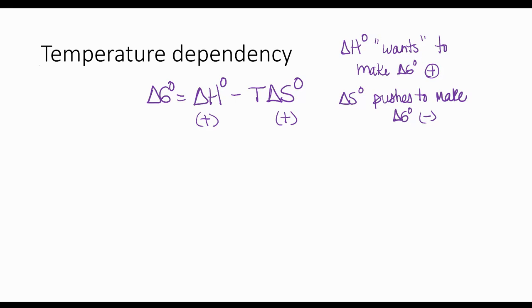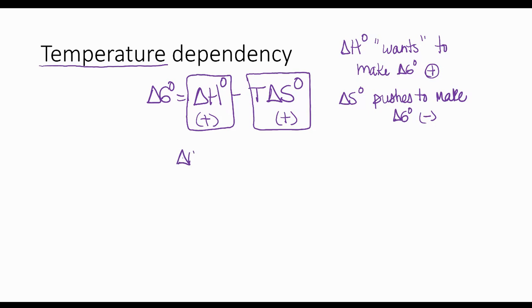Temp. And if I want to know the magic temperature where it crosses over, then I think about this term here being in contrast or opposing delta S. So I'm going to set those equal to each other. And temp will be delta H over delta S.